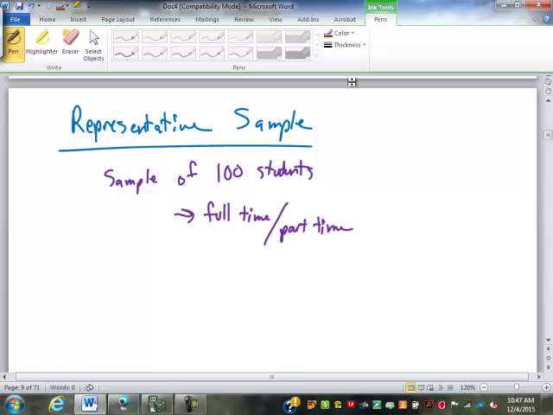Okay. And let's say that of all students, and we may not necessarily know this when we do the survey. That's the problem, is we don't know the information about the population. We're using the sample to try to determine that. But let's say of the full population of students, 68% are full-time.